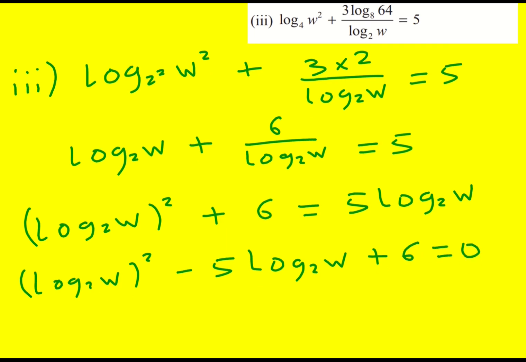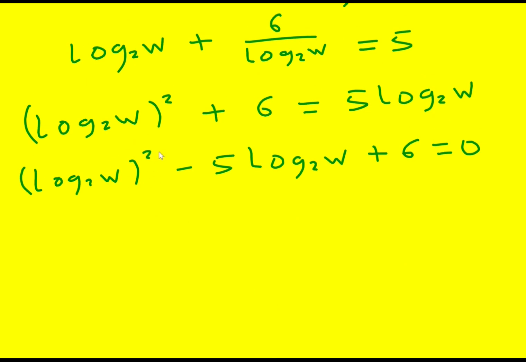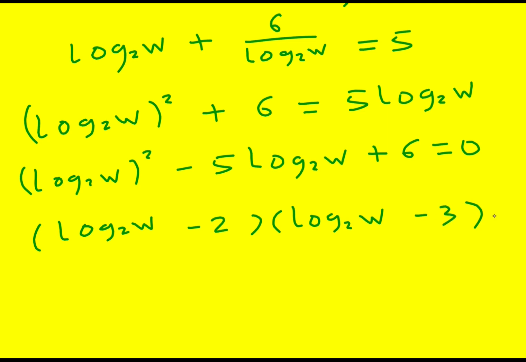So if you wanted, you could do a substitution, call it y or something, y squared minus 5y plus 6 equals 0. Or if you're happy to, just factorize directly for log to base 2 of w. It's going to be minus 2 and minus 3.